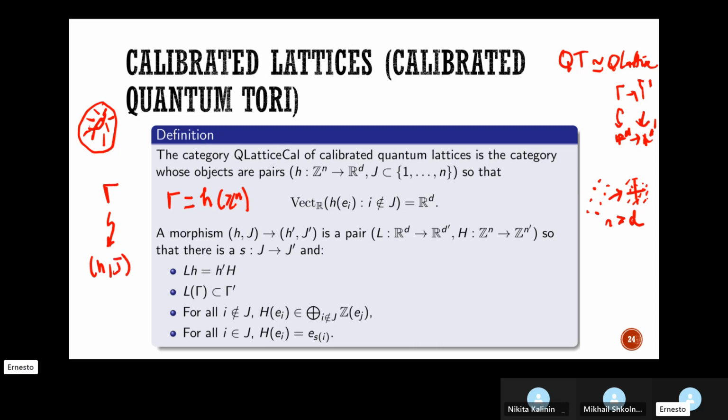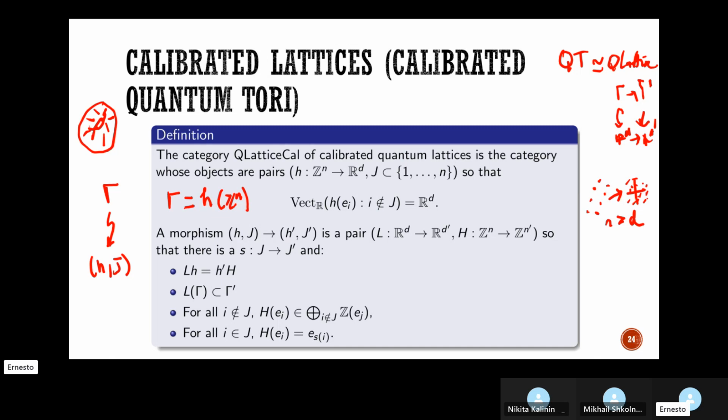And a morphism in the past was a linear mapping of R^d that restricted to gamma. Well, now it's a linear mapping and a mapping of lattices, a mapping of an arithmetic object, an arithmetic matrix. So this one day will be the origin of a GL_n(C) in our moduli space.